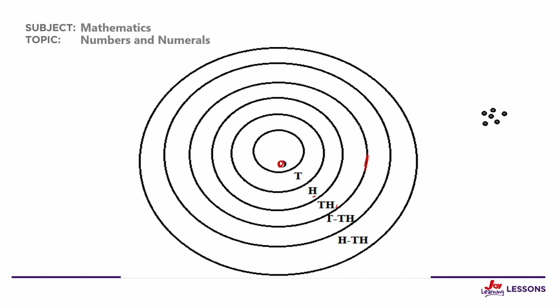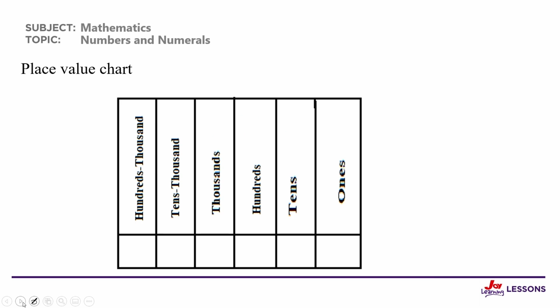If a marble falls on a line like this, we don't count it, because you wouldn't know whether it falls in tens or in hundreds. So we do not count them at all. Those that fall within the counting stages are the ones that we count. Good. So let us move on. Then apart from that, we also have our place value chart.